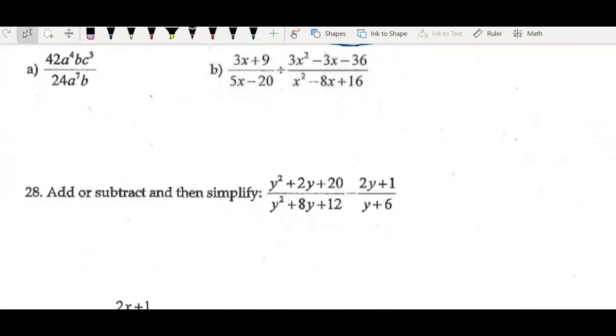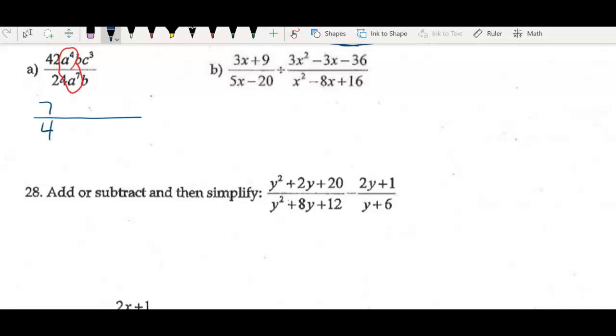Okay, simplify. Again, we're back to our exponents. First of all, match up your common bases. 42 over 24, both can be divisible by 6. 6 goes into 42 7 times. 6 goes into 24 4 times.